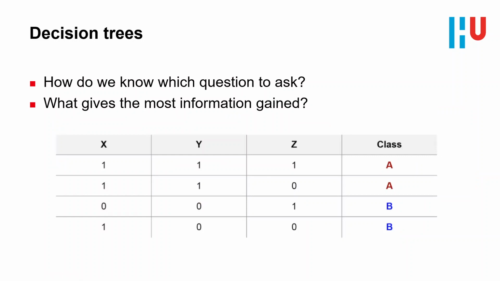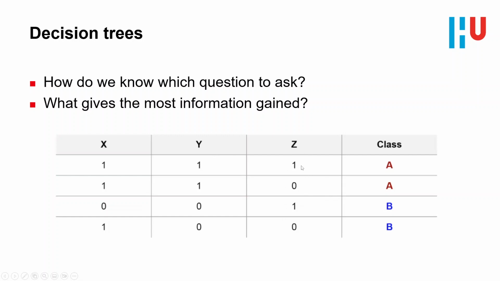So, how do we know which question to ask, the one that gives the most information gain? If we, for instance, have this data set, so we've got 1, 1, 1, 1, 1, 0 for x, y, z, and we've got the label, the class. Then you see already that the question about z is not really useful, right?